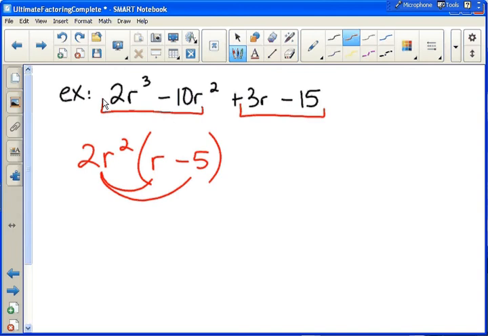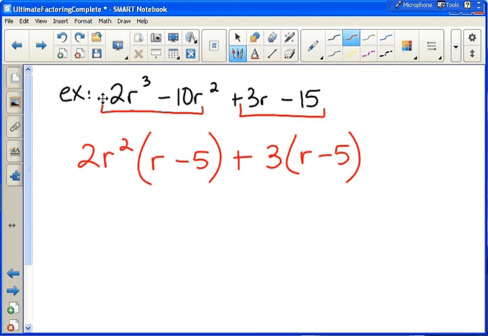So that works. Now let's look at the second pair. What can I pull out that both of those have in common? What is their greatest common factor? That would be a 3. So if I factor out a 3 here, that leaves me with r minus 5. Like I said, for that moment I was treating that like two different problems. Now that I've got that done, I go back and treat it as one big problem.